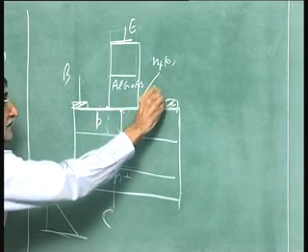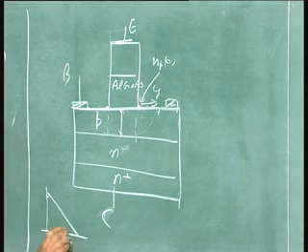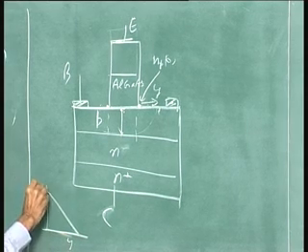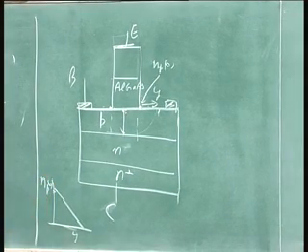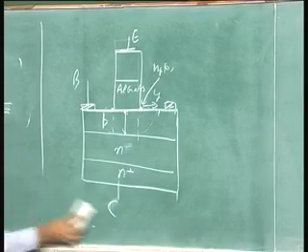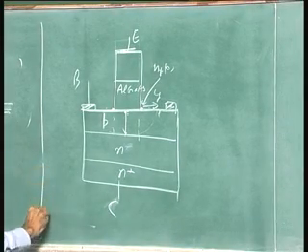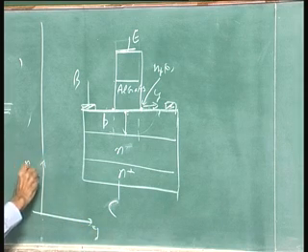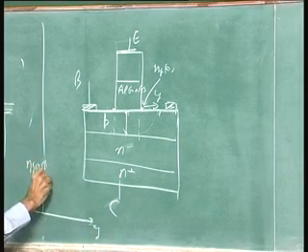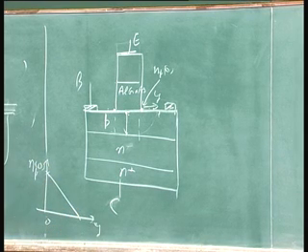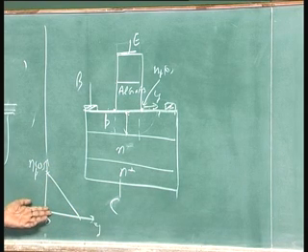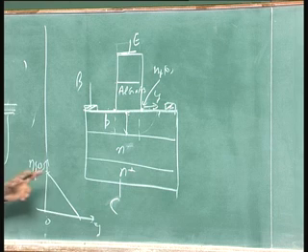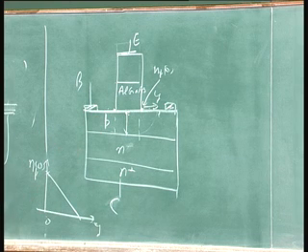I call this y. N_P0 at the edge, let us redraw it properly. N_P0 at the edge, y equals 0. So, the average of that is N_P0 by 2. So, what we are saying is the recombination takes place over a width equal to W_B from the emitter, and the average value is N_P0 by 2.